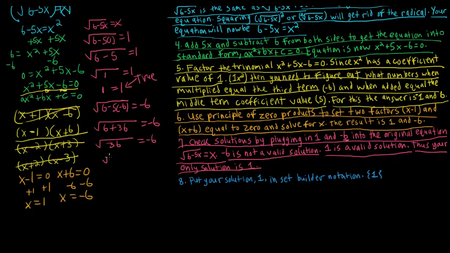The square root of 36 is 6, so 6 equals negative 6. And this is not true. So this is false. So therefore, negative 6 isn't a solution.